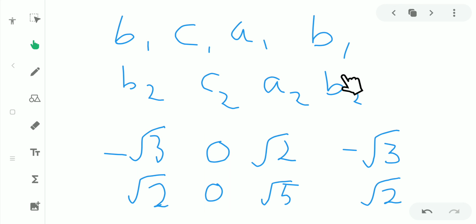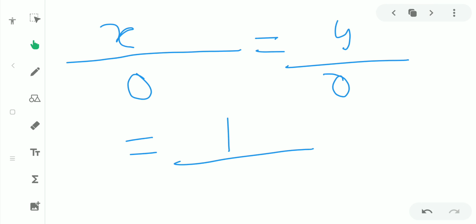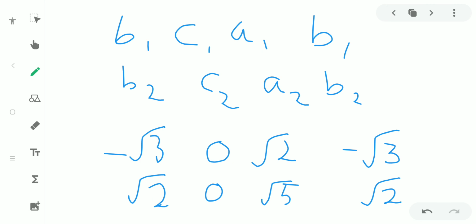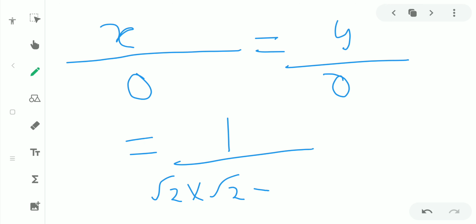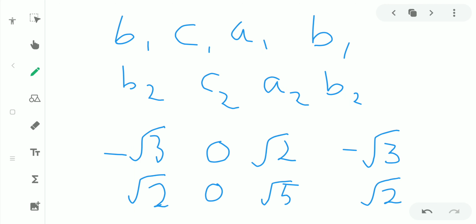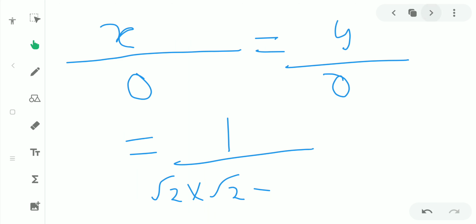A1 into B2 minus A2 into B1. So A1 into B2 is root 2 into root 2, minus A2 into B1, so root 5 into minus root 3.